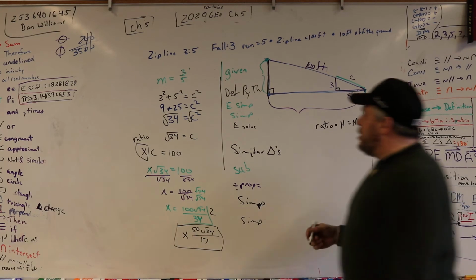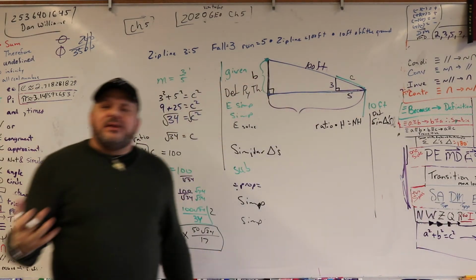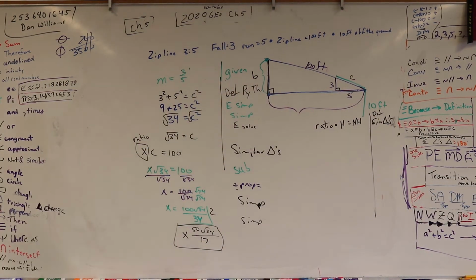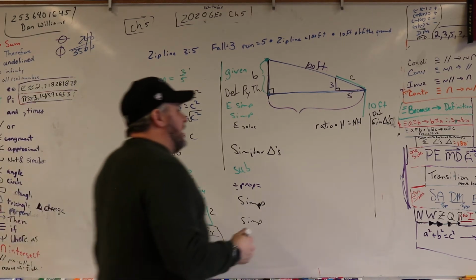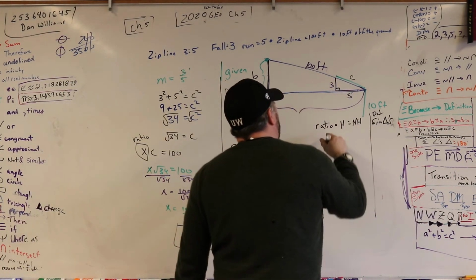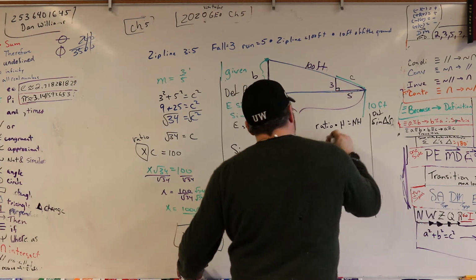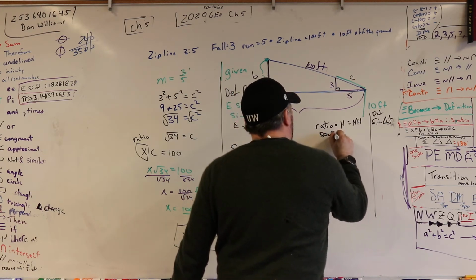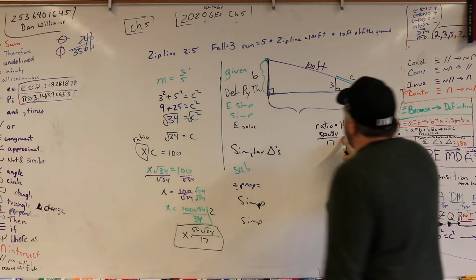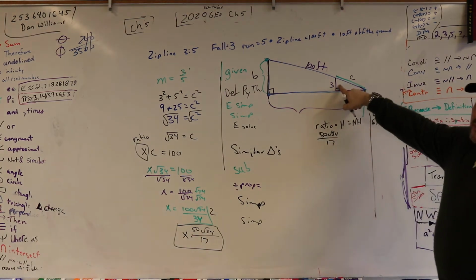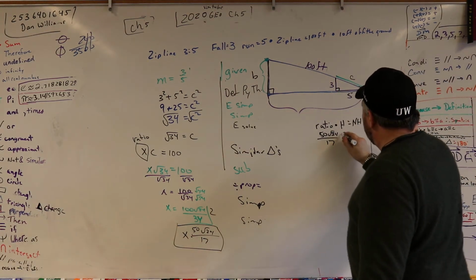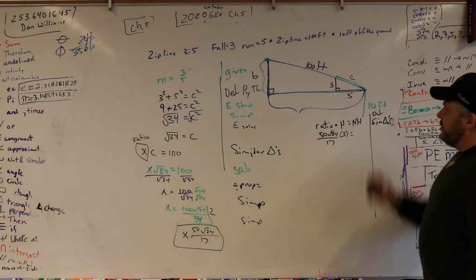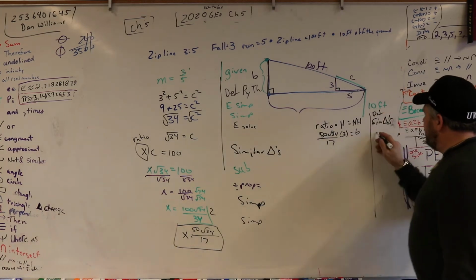Let's call it B. Why not? Because what's B? The y-intercept, right? And that's what I need to write the equation. So I've got to come back and write that equation. But first, let's solve this. Let's plug in the ratio. What's the ratio? It's 50 square root 34 over 17. What's h? 3. And that equals our new height, which is B.